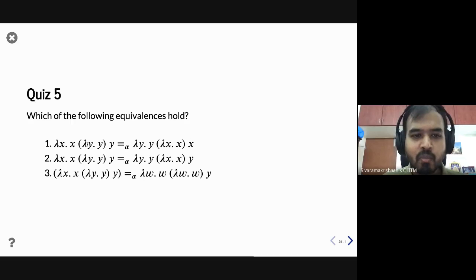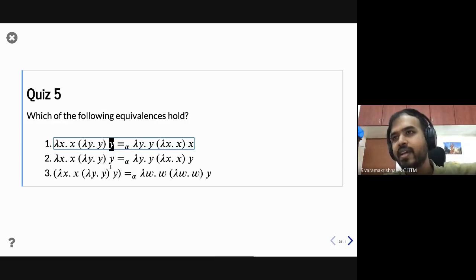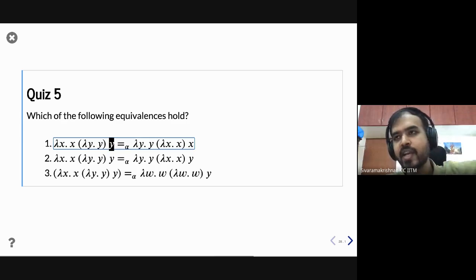You rename y to x here, that is fine. This is easy, so lambda y.y gets renamed to lambda x.x. I rename x to y, this is okay, but this is a problem. The fact that I rename this free variable y, this y might refer to anything in the scope. It is unbound here, which means it can refer to anything at all.